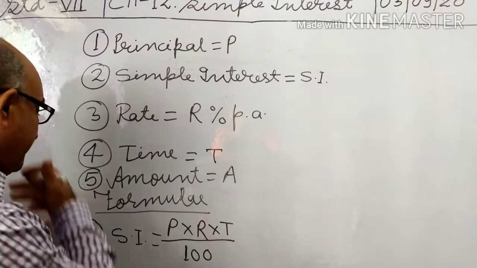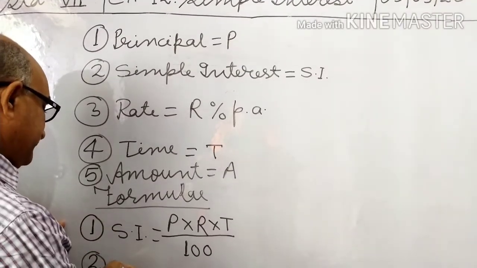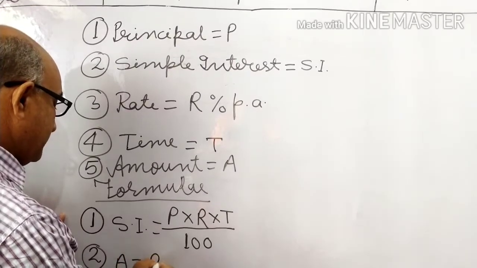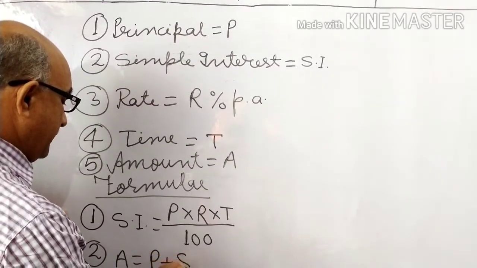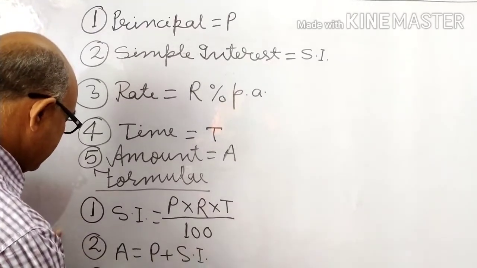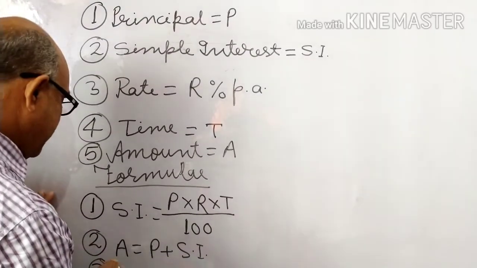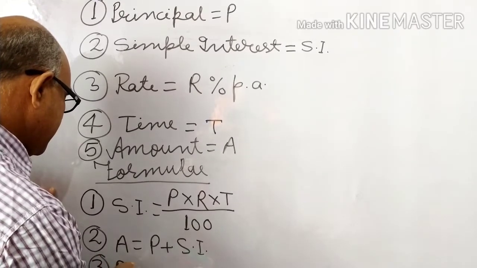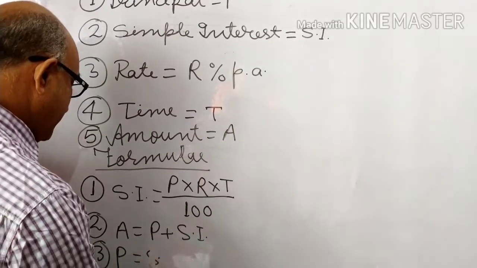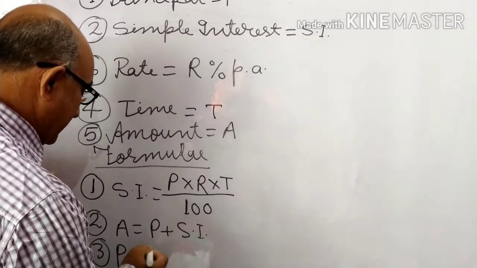Formula number 2: A equal to P plus SI. Formula number 3: P equal to A minus SI.